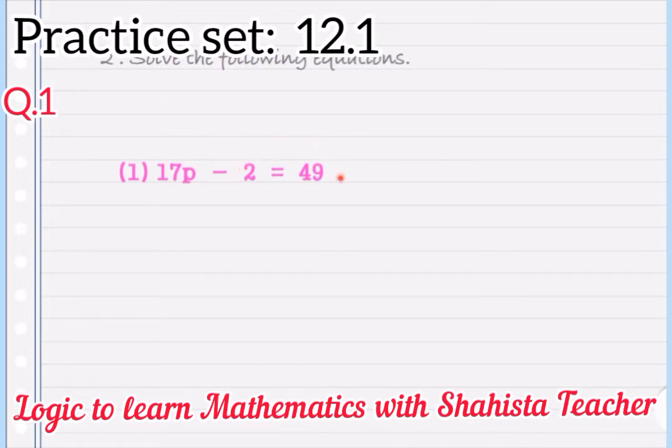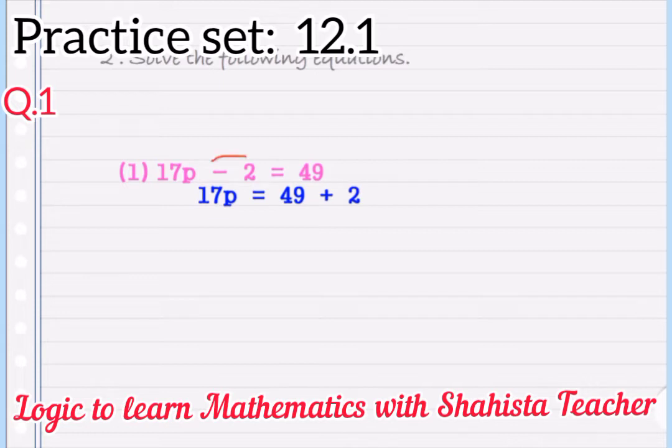So minus 2 will shift from left to right, so it will become plus 2. If minus 2 is on the left hand side and goes to the right hand side, it becomes plus 2.